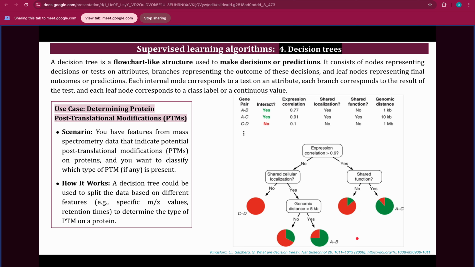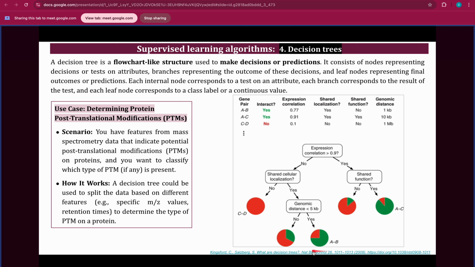So now what it is doing is trying to identify the decision for these gene pairs. In this case, we only have 3 gene pairs, but in reality you will have multiple gene pairs or multiple input data sets for which you will design a decision tree.